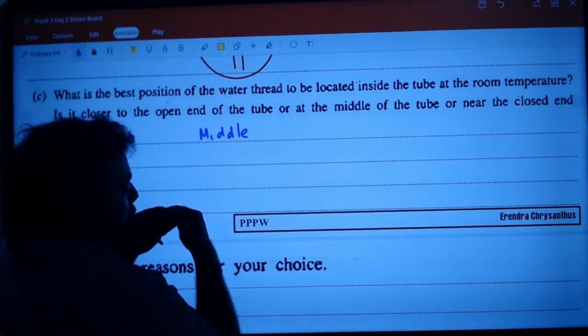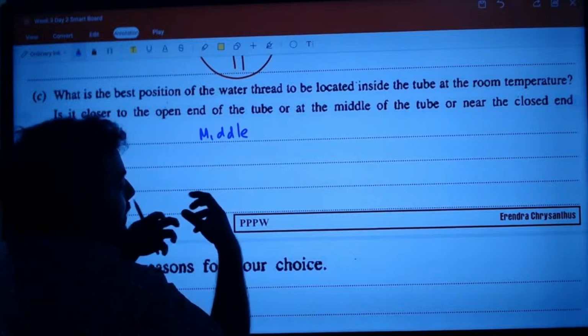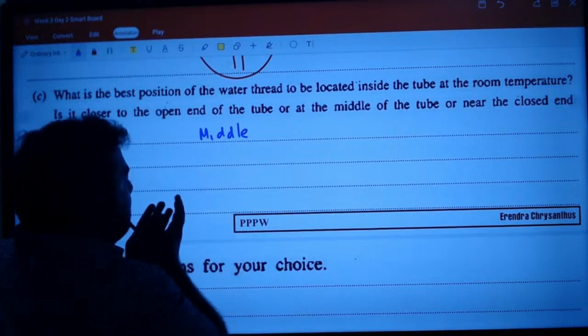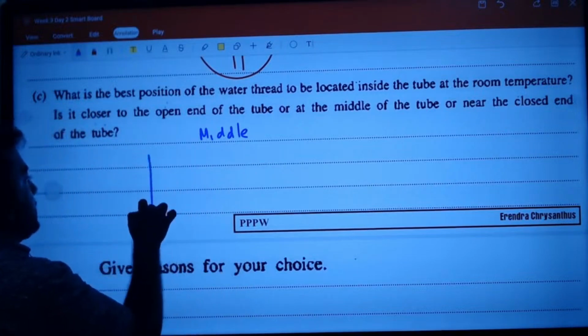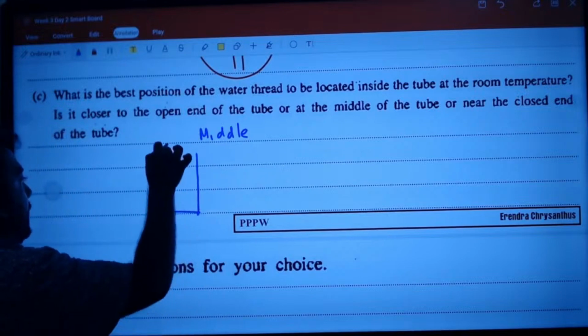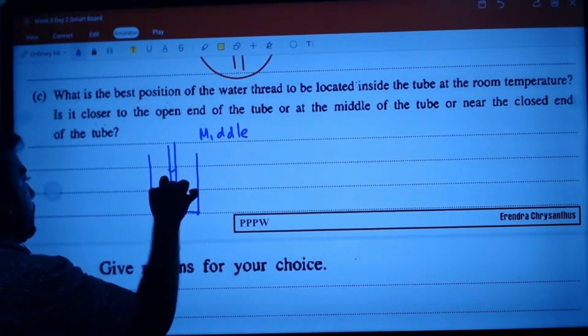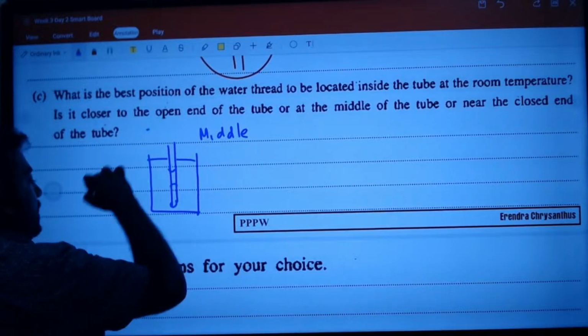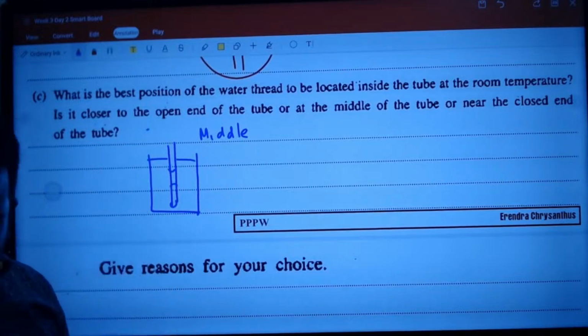It's easier to obtain many readings if the liquid can travel inside the tube. If you do not keep it in the middle, once you heat it, the liquid will jump out.